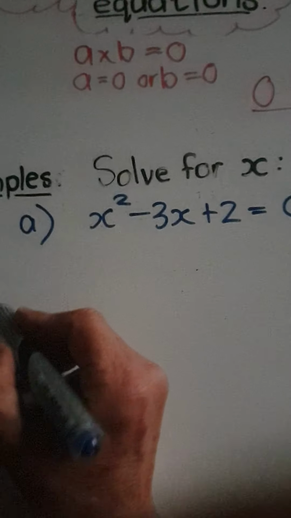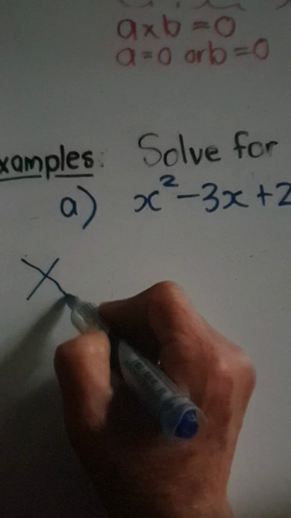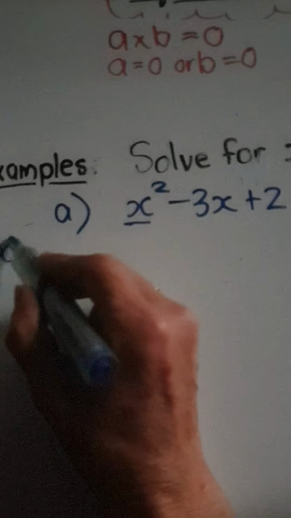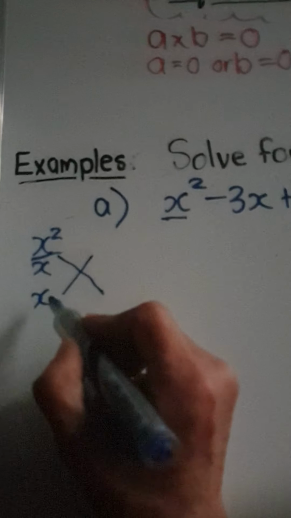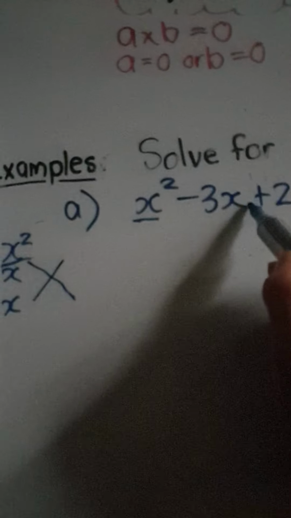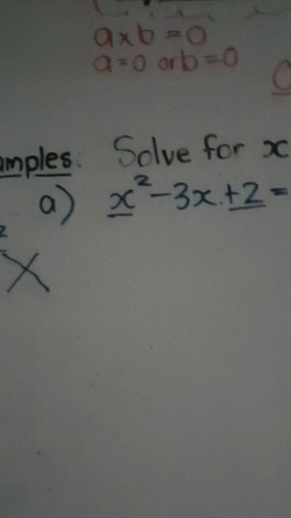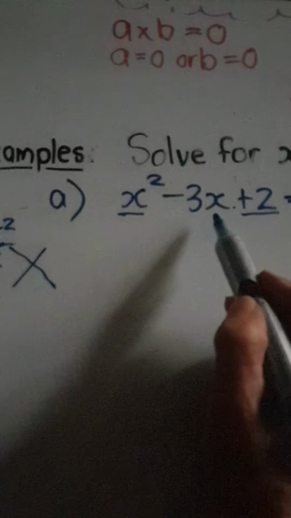We do it here the way that we've been doing it. We look at the first term and say factors of x squared: x times x. And I look at the last term, factors of plus 2. If I multiply, I must get plus 2, but if I add, I must get negative 3.